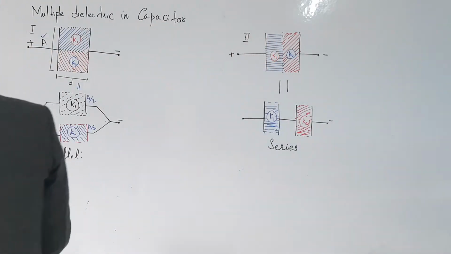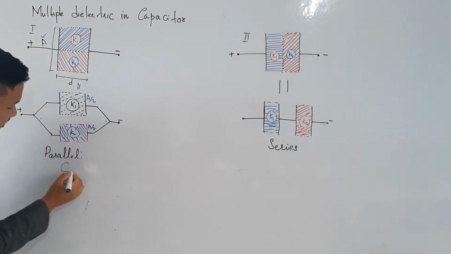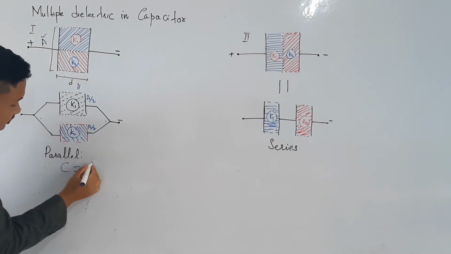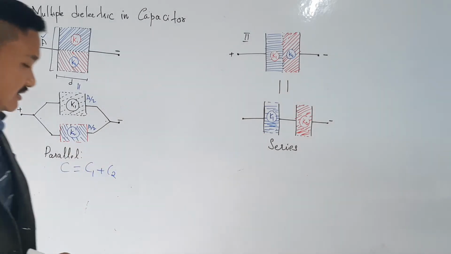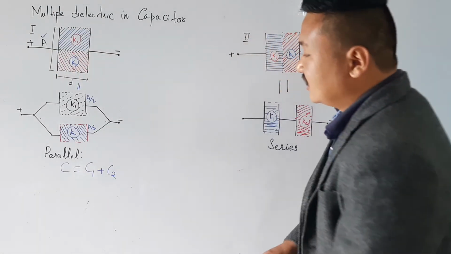Now in parallel, what we know is C total is equal to C1 plus C2. That we have derived in the last couple of lectures.